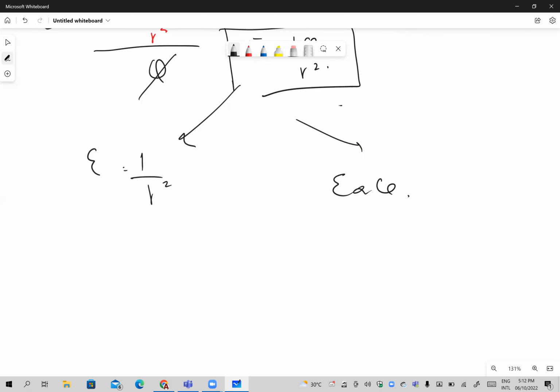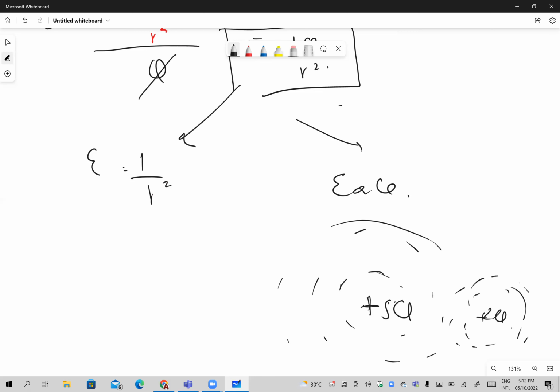This is pretty straightforward. Assuming you're placing one charge at any point in space, the greater the charge, maybe it's, let's say, 5q, the greater the field around it compared to a charge of 2q, which will have a lesser field around it. So the greater the charge, the greater the field, and the greater the radius, the lesser the field.